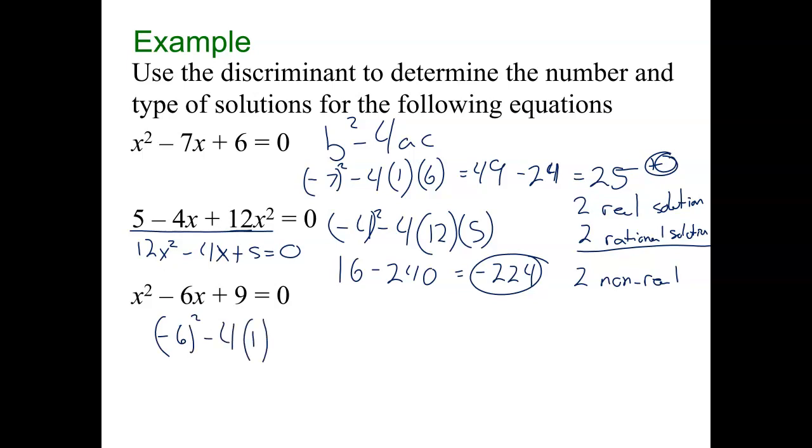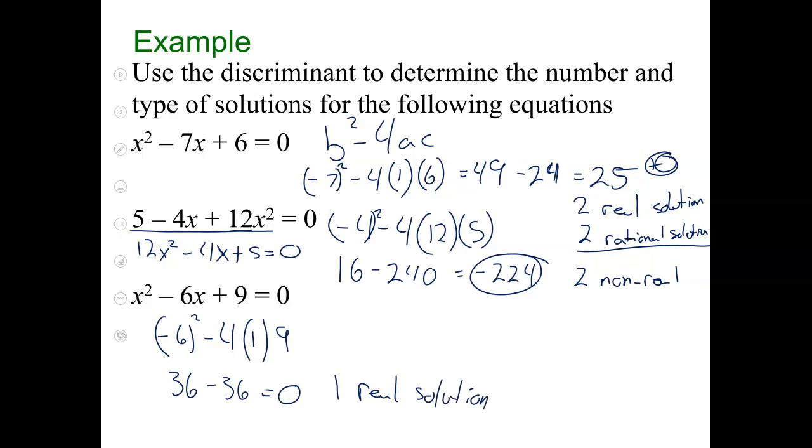What's c? Okay. Negative 6 squared. Okay. Negative 4 times 1 times 9. Okay. That equals 0. So how many solutions? 1 real solution.